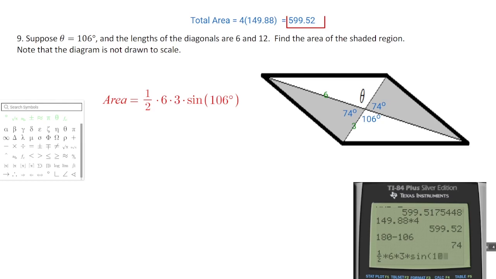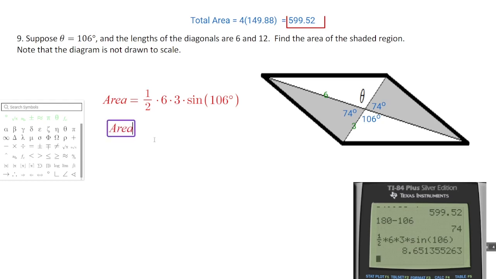Before I hit enter here, because the calculator defaults to radians, I need to go to mode and make sure that I'm in degrees. Otherwise, I'm going to get the wrong answer here. All right, and so we get 8.65.